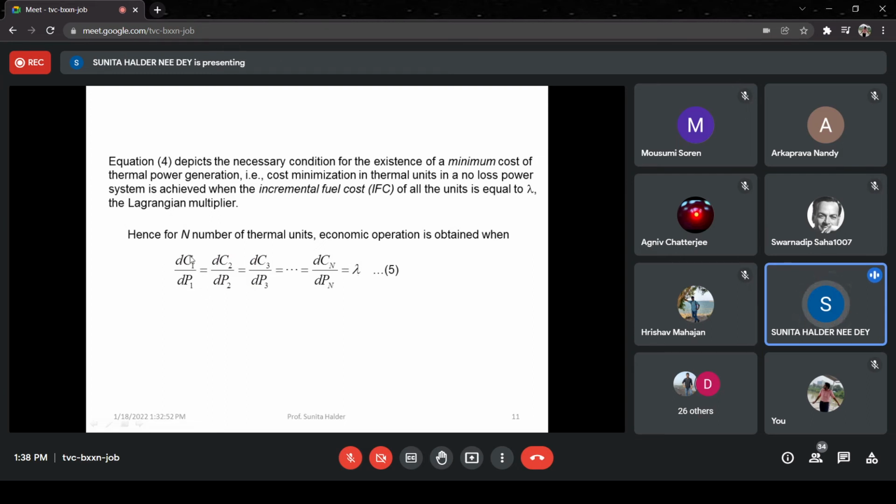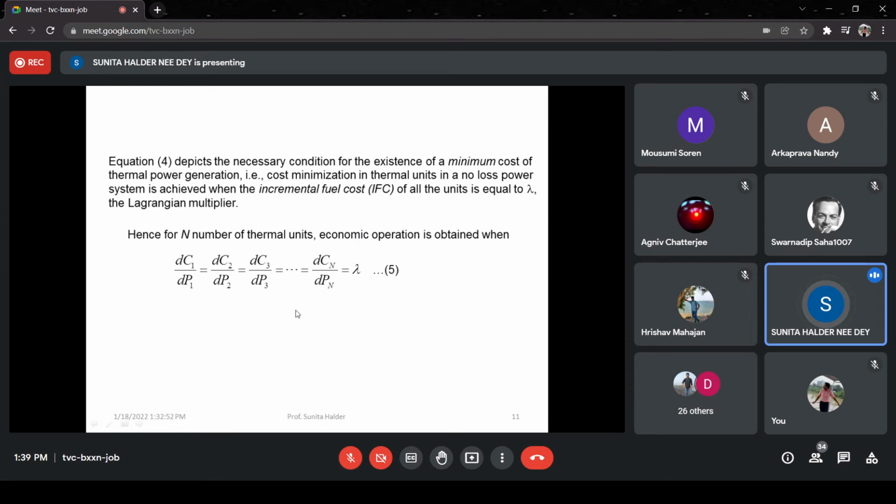So what is dC1 by dp1? It is the incremental fuel cost of generator 1, or the incremental fuel cost of generator 2 in that way. These are the equations we get to make the operation economic. So these are the conditions.